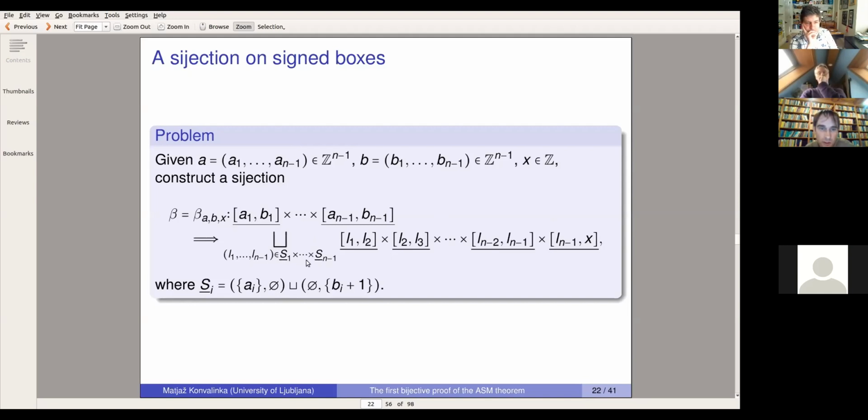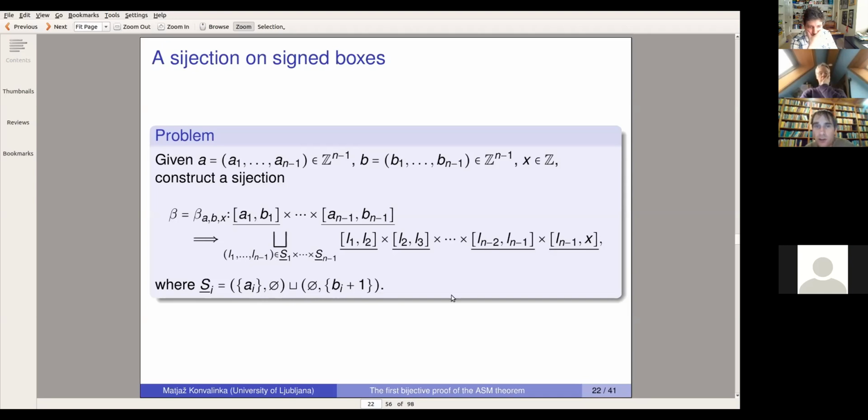You see, well, this is just one signed box of dimension n-1. This is actually a signed box of a dimension n, so one more. And also there are more of them, right? There are 2 to the n-1 of them, right? Each of those S_i has 2 elements, one positive and one negative. So you might wonder, why do you want to have a bigger signed box and lots of them? But you're going to see soon.